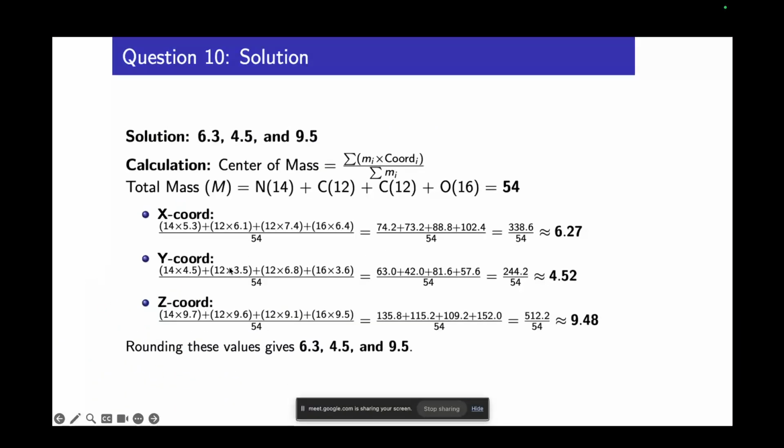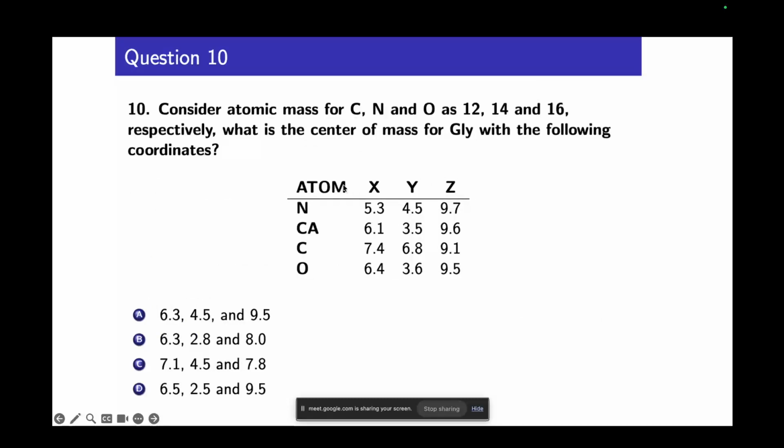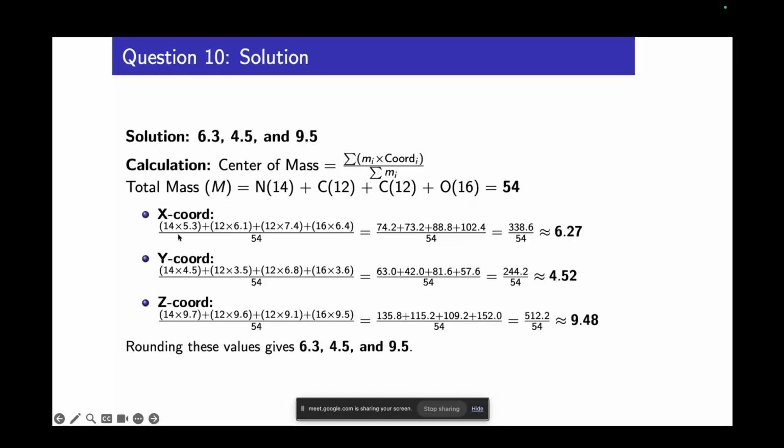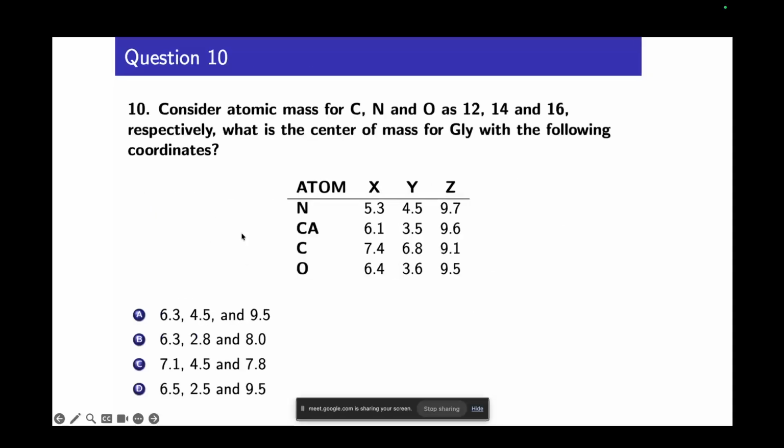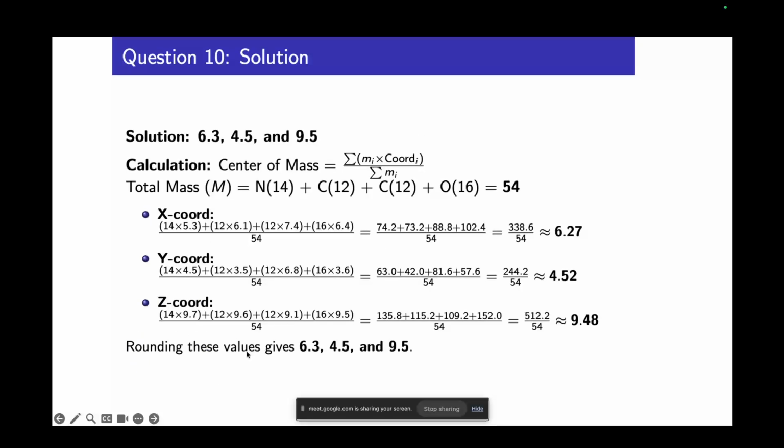Yeah, so this is a weighted average, as you saw. So 14 is for nitrogen. So 14 times 5.3, the x coordinate, y coordinate, and z coordinate.